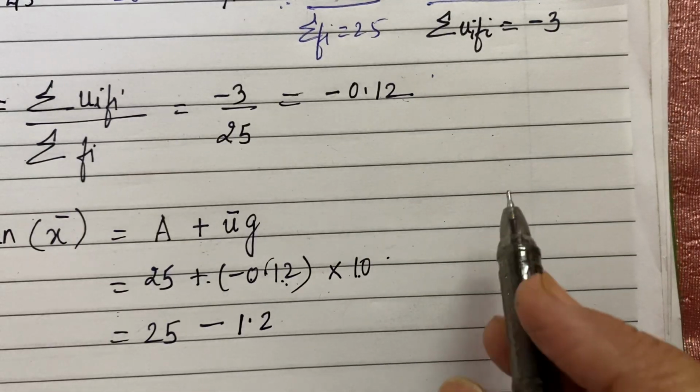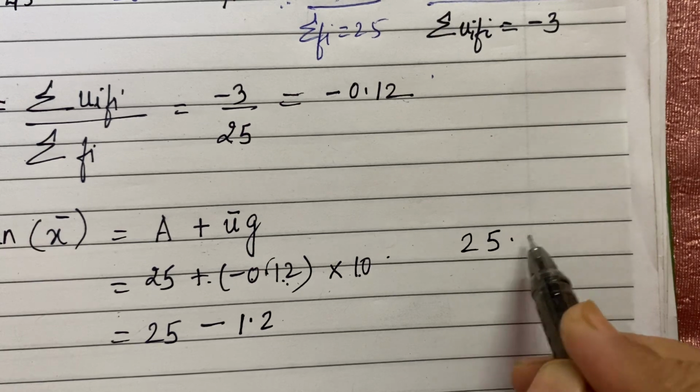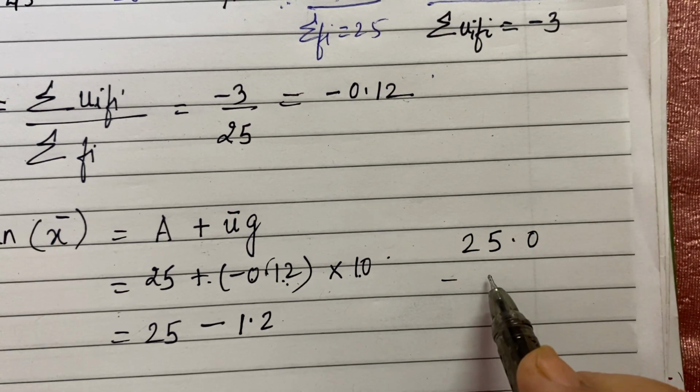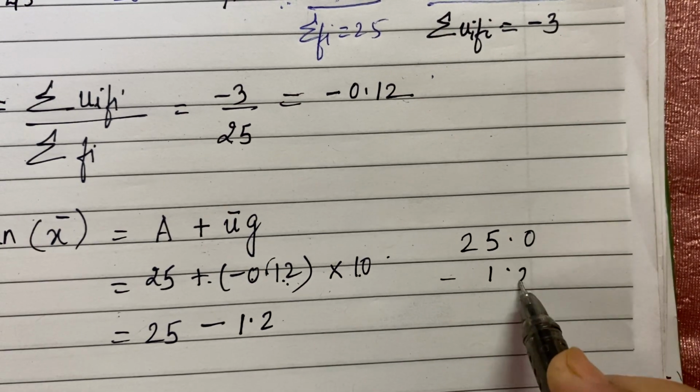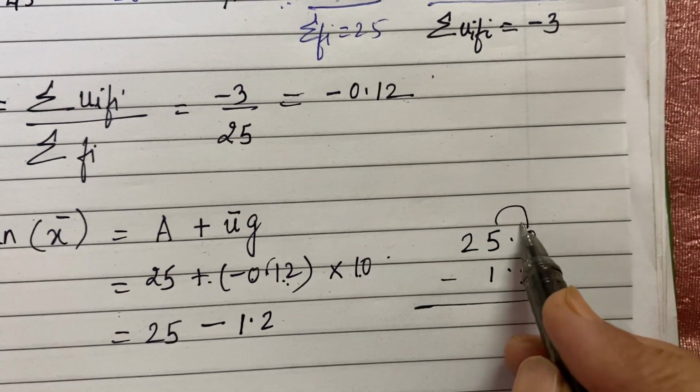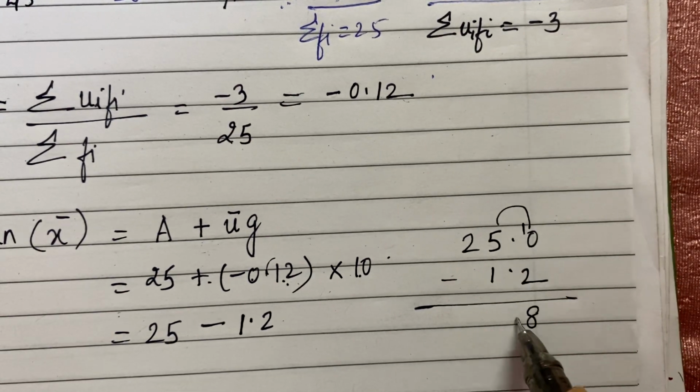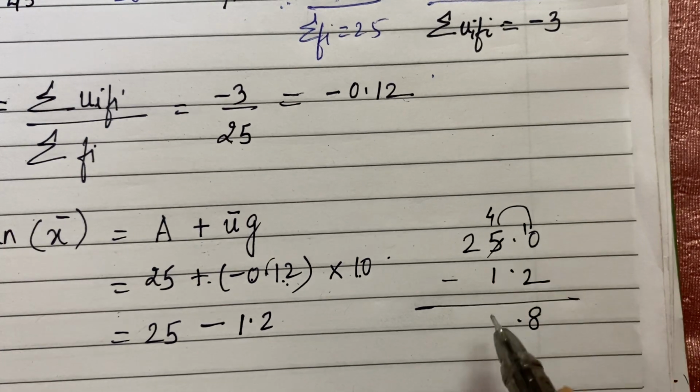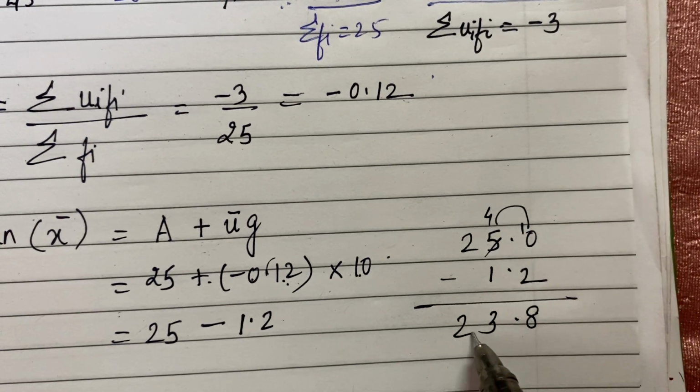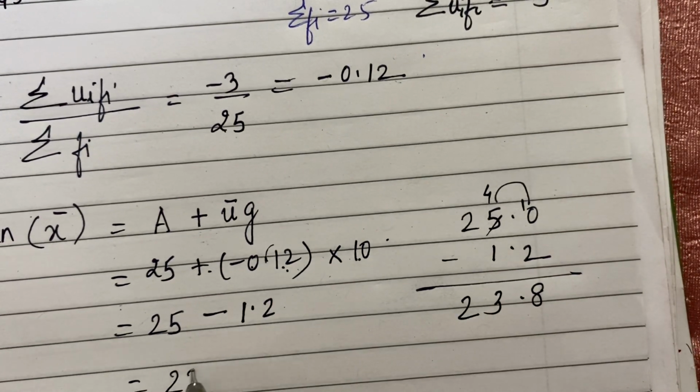Now let us subtract this. 25 minus 1.2. This becomes 10. 10 minus 2 is 8. Here there is 4. 4 minus 1 is 3. 23.8.